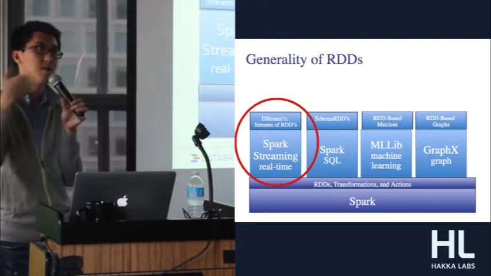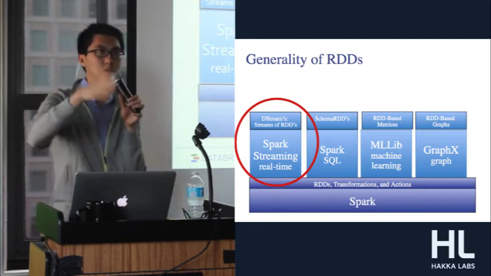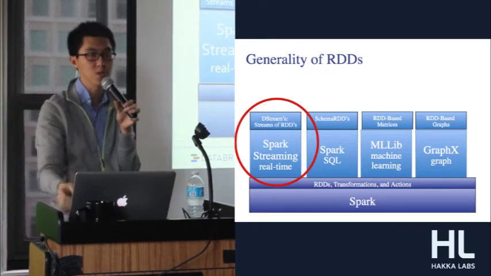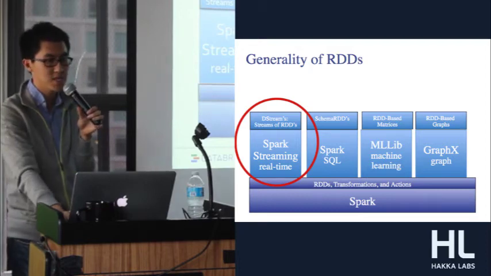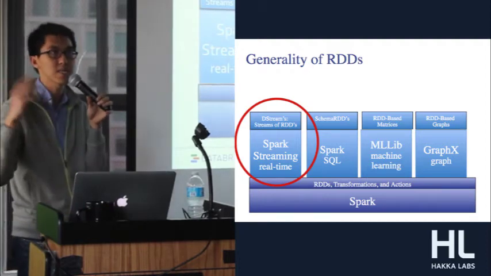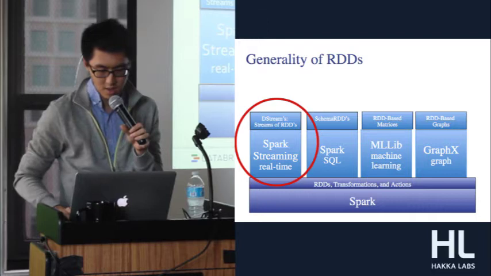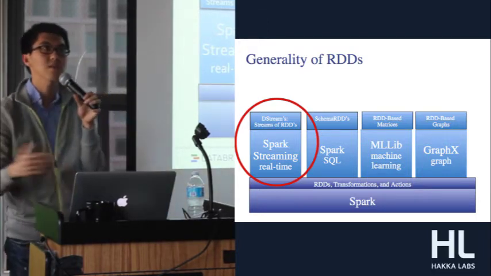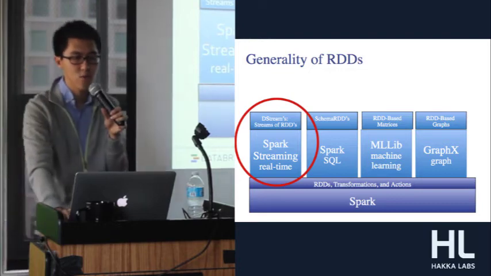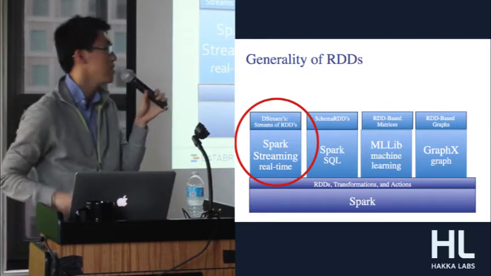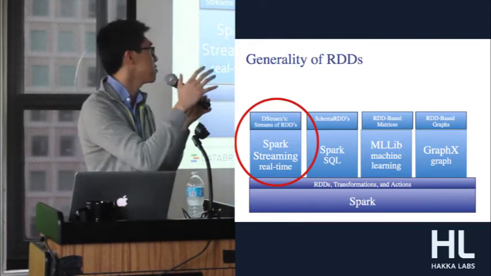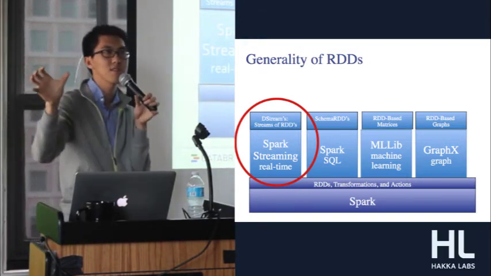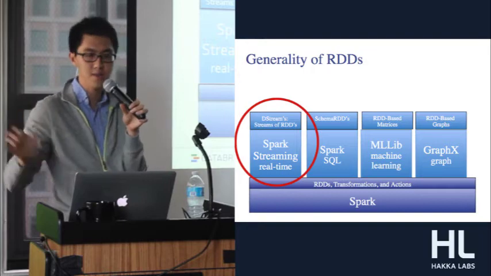You have a stream of data coming in, you chop that stream into small slices, and each slice becomes one RDD, and you apply transformations on it. And you have SQL, which essentially is RDDs with schema. And then you have machine learning libraries, which is essentially just RDDs of vectors and matrices. And you have graphs, which again is RDD-based; under the hood, each graph becomes 2 RDDs: an RDD of vertices and an RDD of edges.